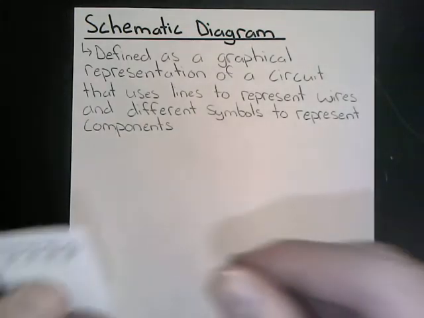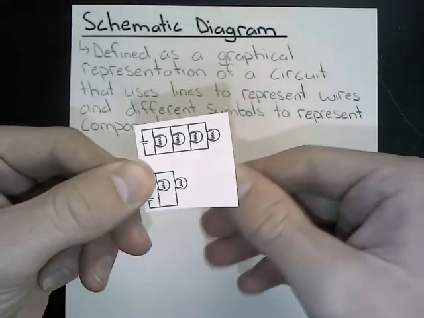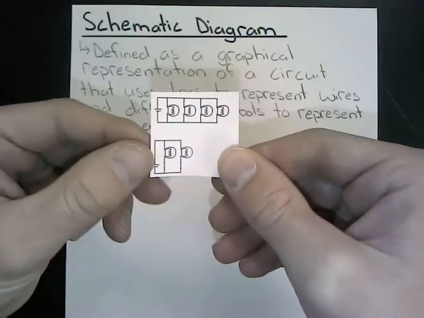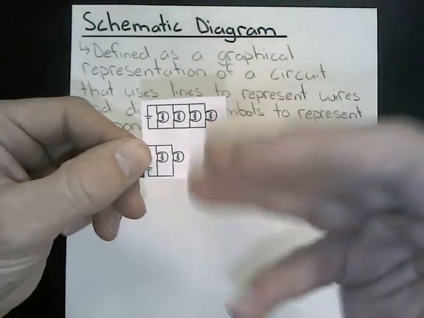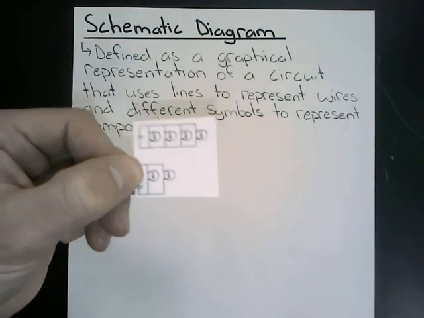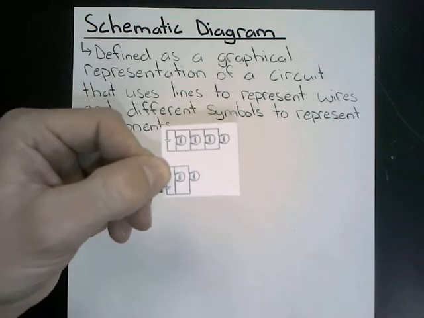Here is a picture of a couple different schematic diagrams, really basic ones, but you can see that we have some basic outlines of how we depict the wires and things like light bulbs in our diagrams.